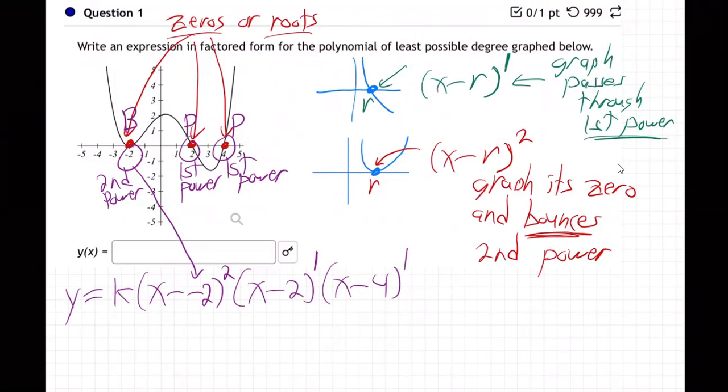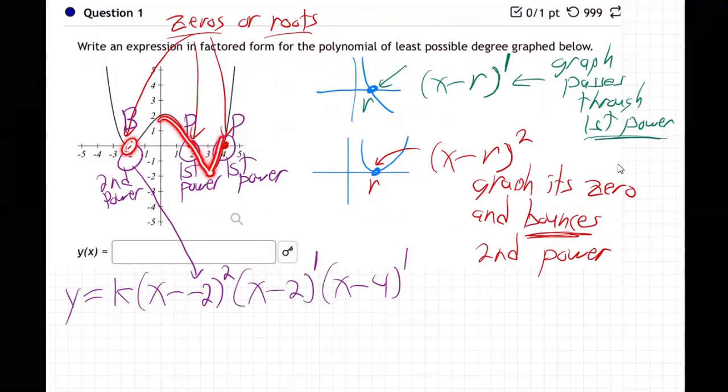How are we doing so far? Is that making sense? So as you look at a graph, you find the zeros, also called roots, and you find out, does it bounce or does it pass through?